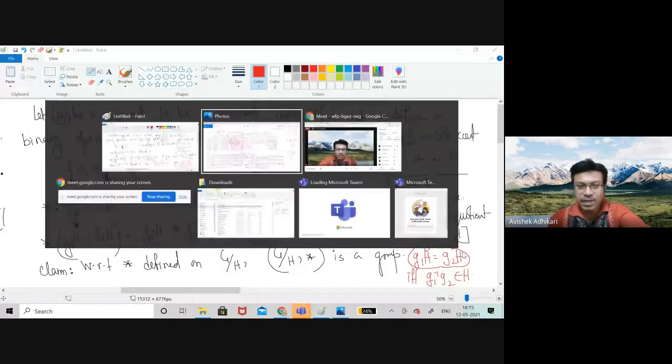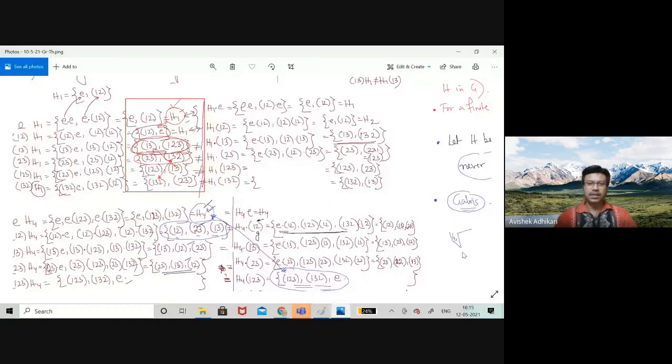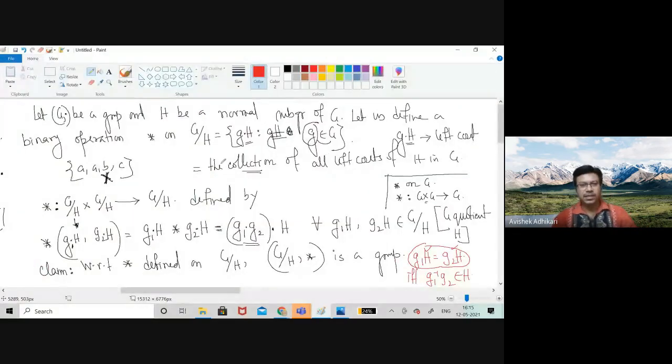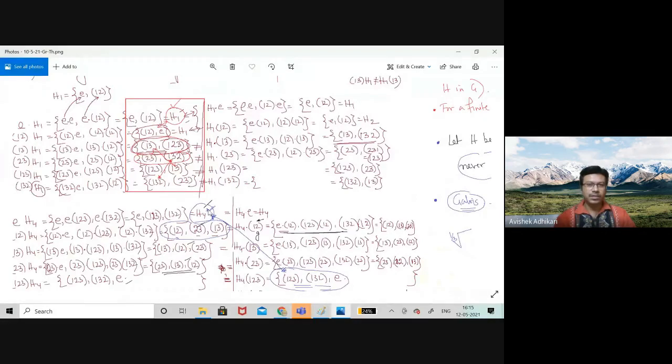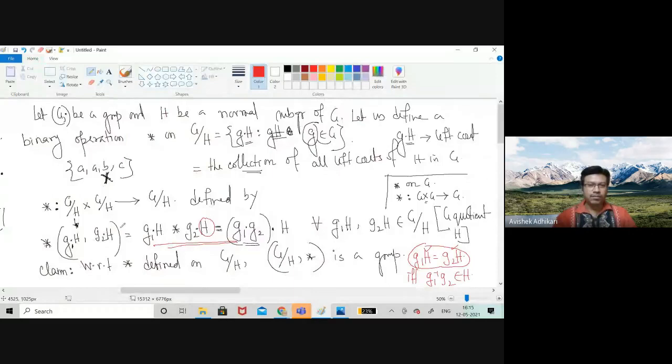As I mentioned in my last class, here you will certainly be able to find that kind of function. If I define star in this way, as I have just mentioned, and you consider your H to be like this, H1, that means E12, you will be able to show that star is not well defined.